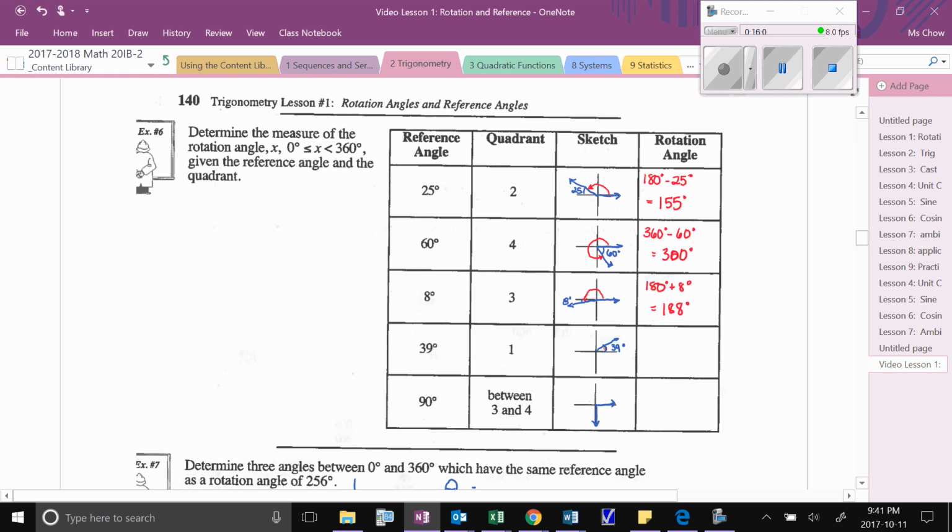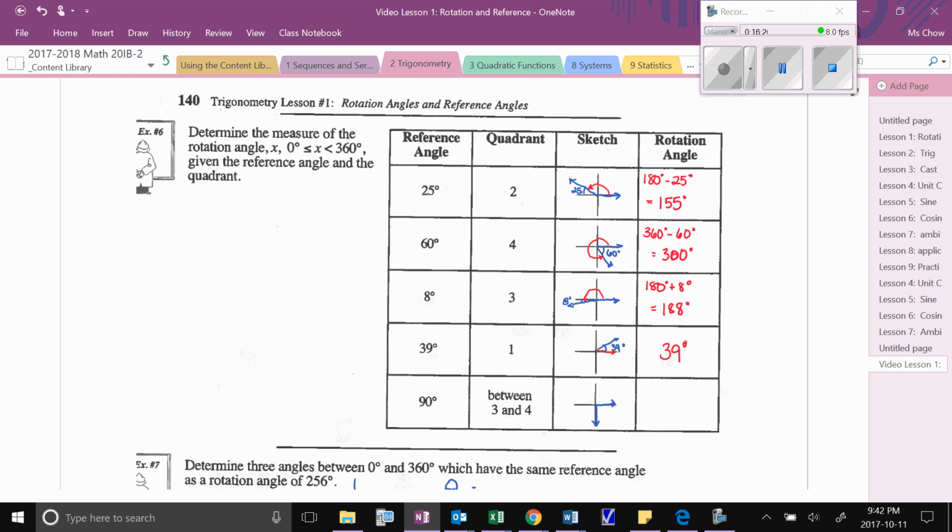In quadrant 1, we're looking at 39 degrees as our reference angle, and the rotation angle is the same as the reference angle when we're talking about quadrant 1. When we are in between quadrants 3 and 4, that's often a question students have: if you are actually on one of the axes, what quadrant are you in?